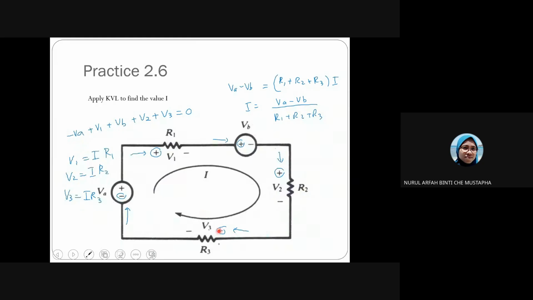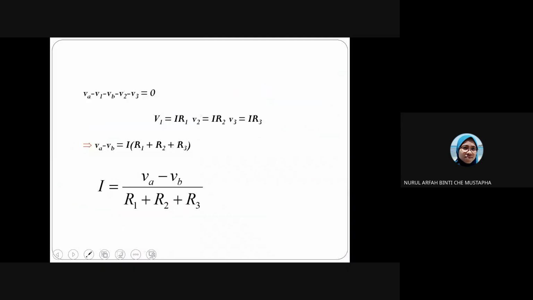So equation rearrange, have the current VT, we got the summation of current or resistance. Okay. Current loop having this. Okay, very good. So this is the solution.